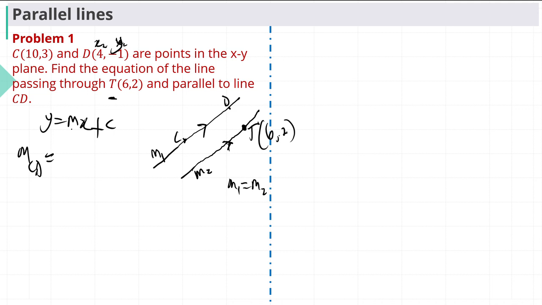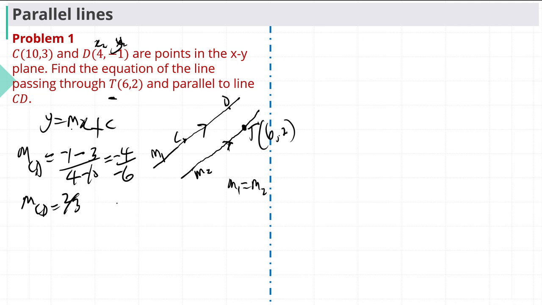Let the point C be (x1, y1), the point D be (x2, y2). So change in y, minus 1 minus 3, divided by 4 minus 10. And that gives minus 4 divided by minus 6. Gradient of CD is 2 out of 3.